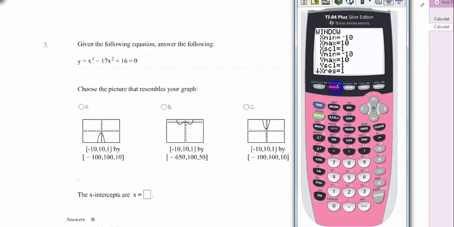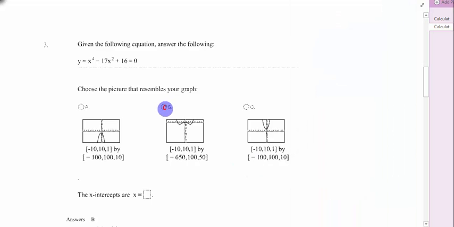So if we go to the window, these are your X's, these are your Y's. So if I scroll down here to Y min and put -650, and then go to the Y max and put 100, and the Y scale is 50. So I put these 3 numbers to match this. If I now hit graph, we can see that we do match that. So this is telling you the windows, and so that is that. So we know that we're choosing B.